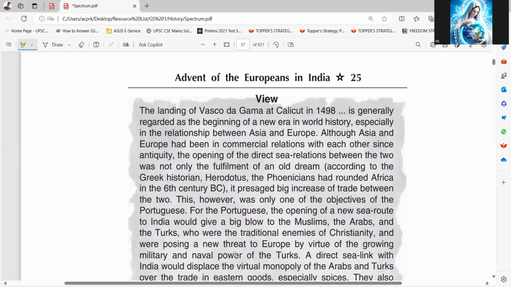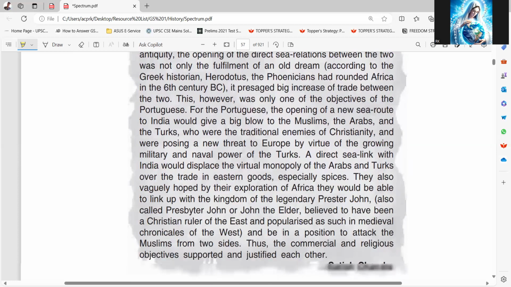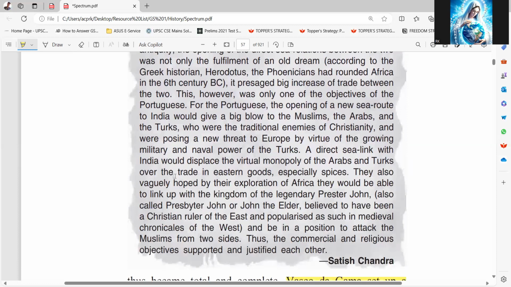A direct sea link with India would displace the virtual monopoly of the Arabs and Turks over the trade in Eastern goods, especially spices.